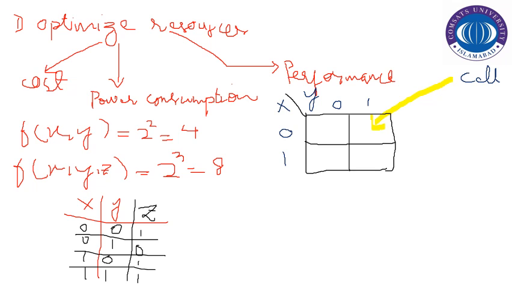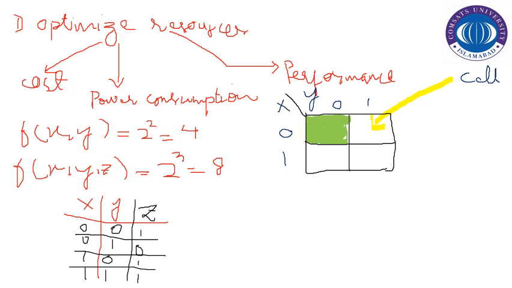For example, if we look at this first cell, highlighted with green color, the value of x is 0 here in this cell, and y is also 0 here.